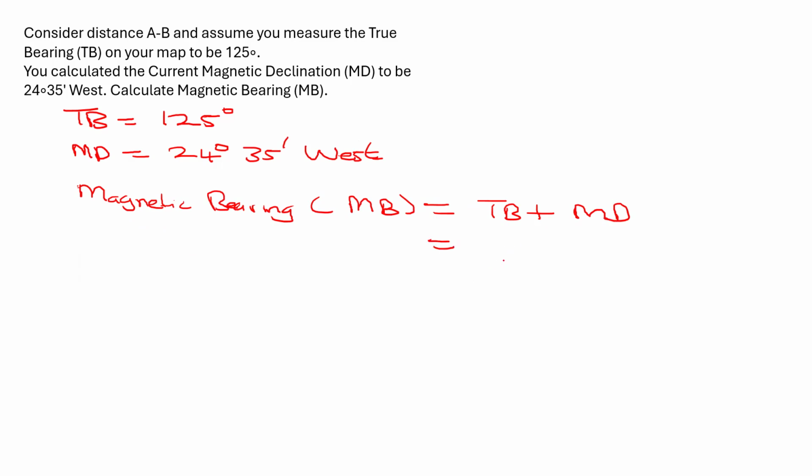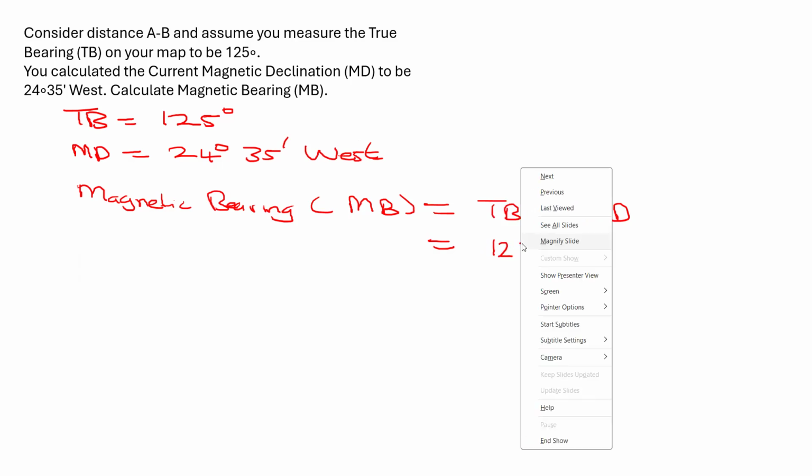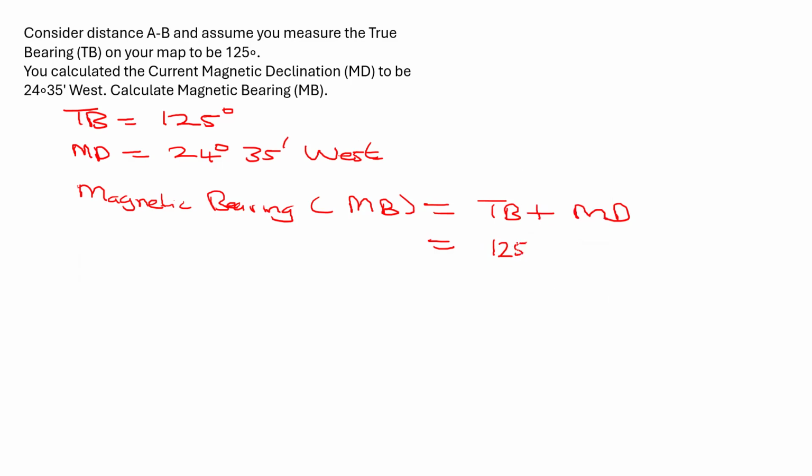We were given that our true bearing is 125 degrees, and we don't have any minutes, plus 24 degrees 35 minutes.